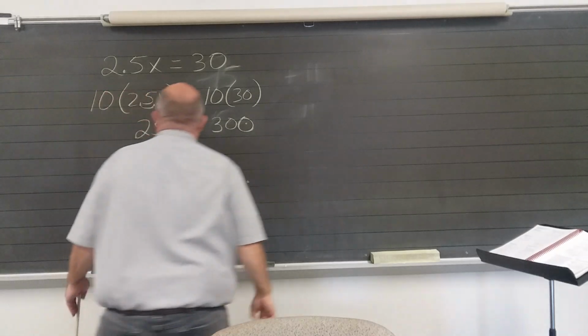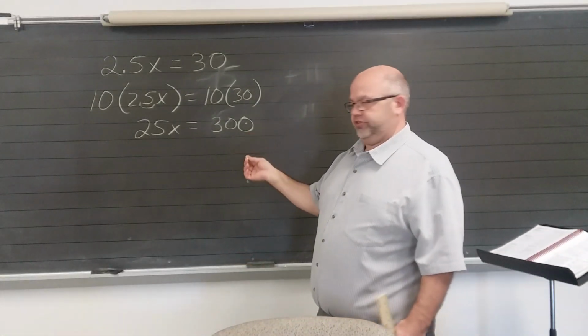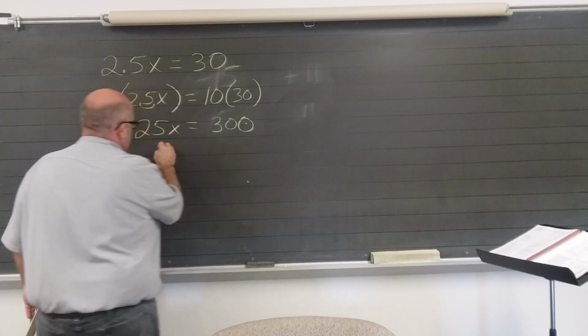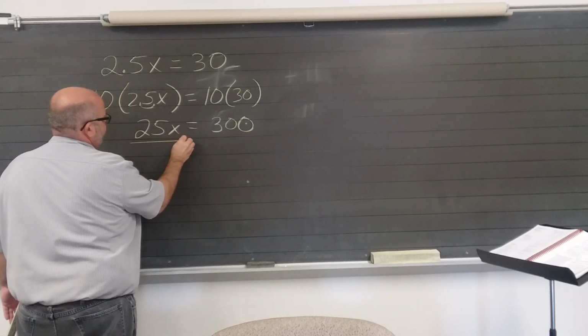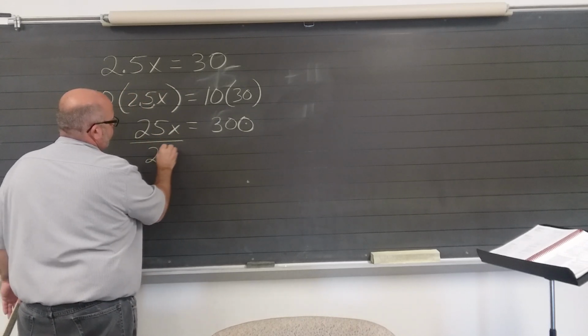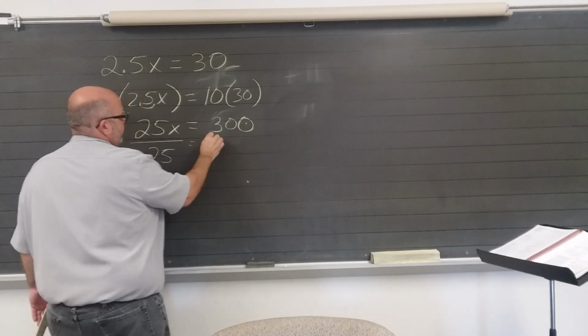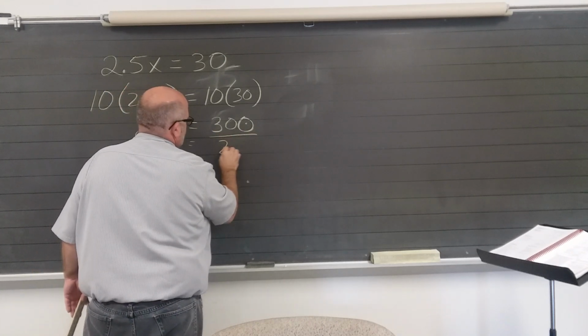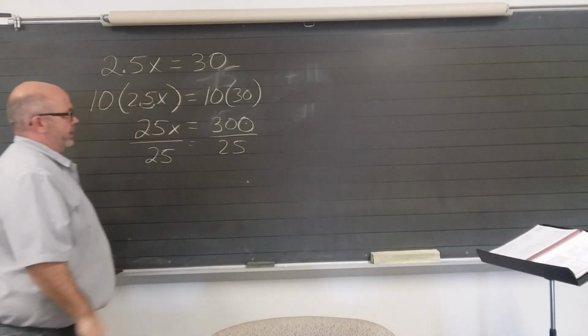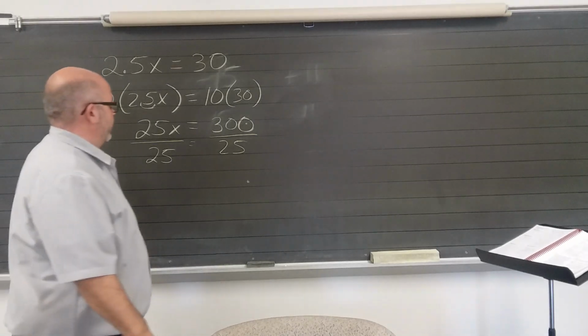And now we're ready to do the division step. 25x divided by 25 equals 300 divided by 25. What is 300 divided by 25?